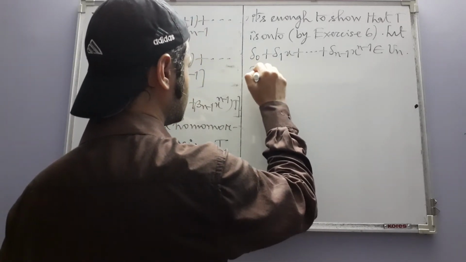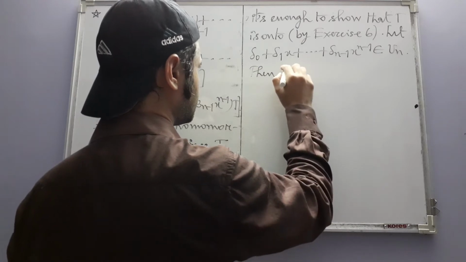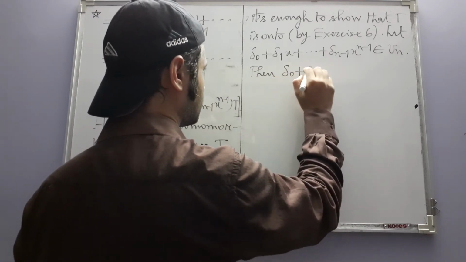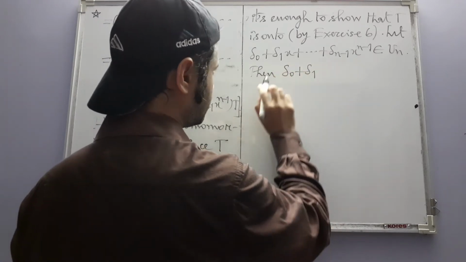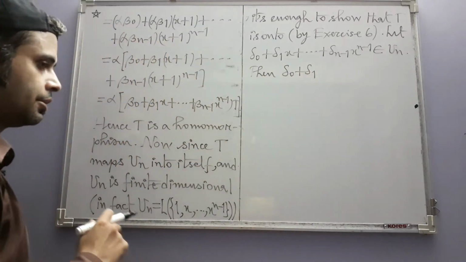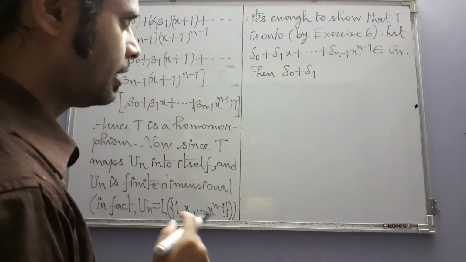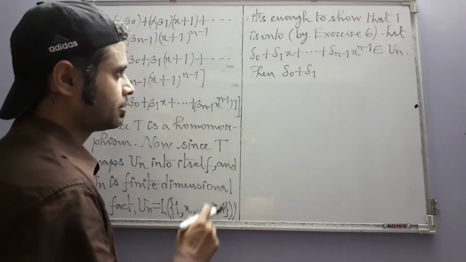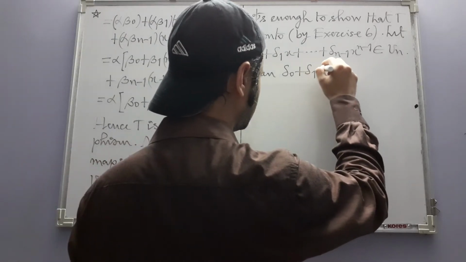Then we want to show that this is the T image of something, again in Un, that something is in Un.